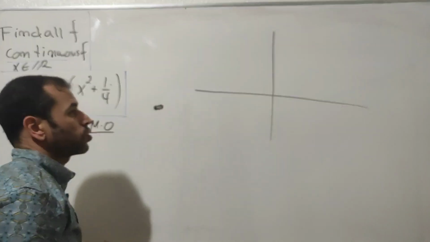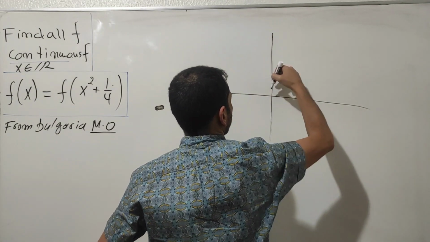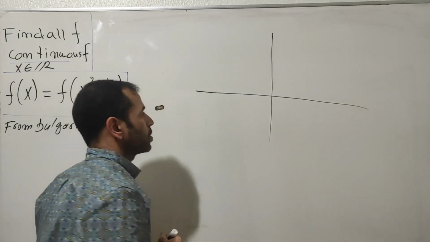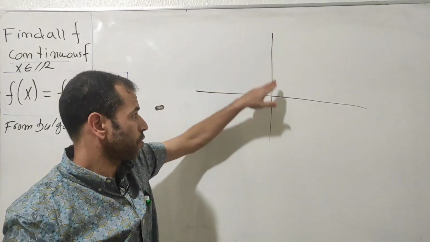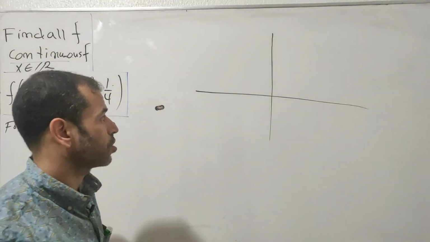If you have f of x equals x squared, it's going to be symmetric about the vertical axis, but it's not necessary to have the symmetry at the origin. You can have the symmetry at different points.